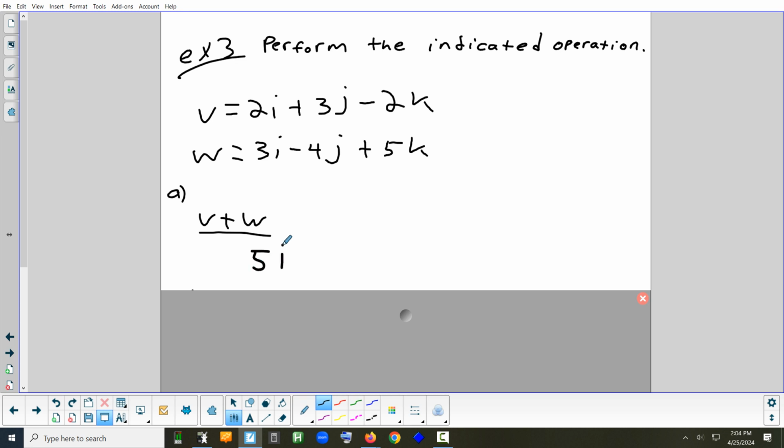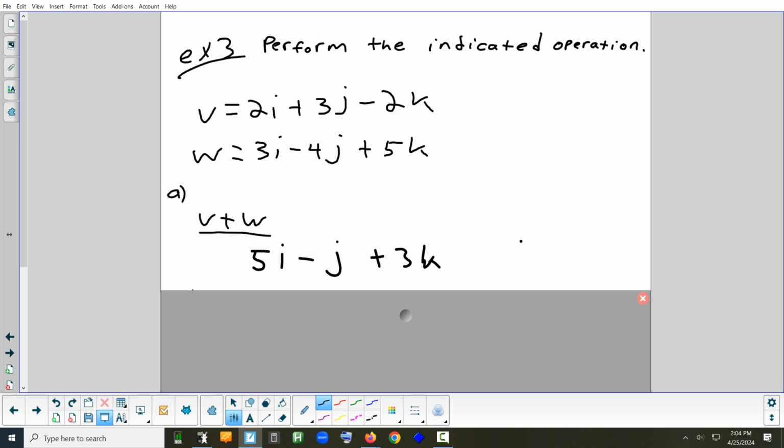And the j component? Negative j. So I get a negative j, and the k component? Plus 3k. Okay, that's how you can write your answer in what's called unit vector notation. Don't confuse that with the term unit vector. This is not 1 unit long. It's called unit vector notation because it has i's, j's, and k's in it.